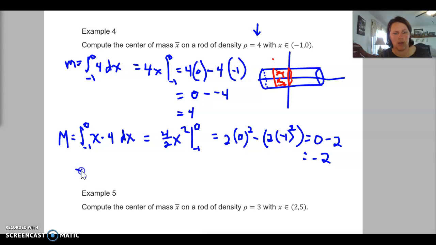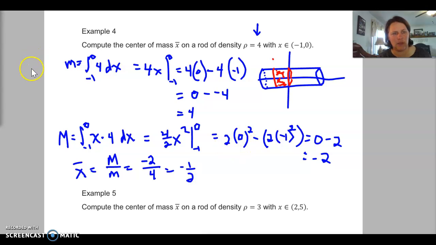Now our x bar, or our position, our center of mass, is going to be the moment divided by the total mass. So our moment in this case was -2 divided by 4, which then equals -1/2.